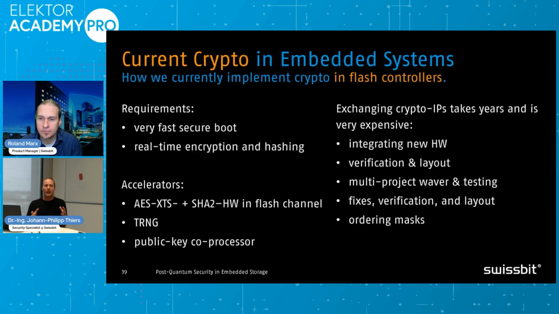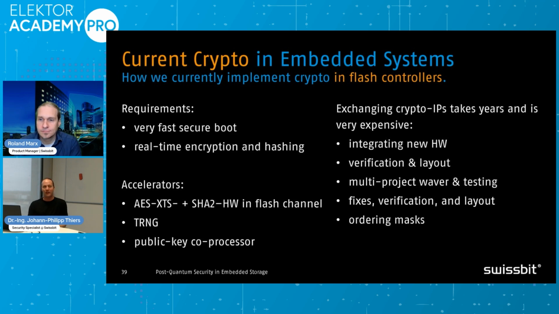And then when we have a logical design, we actually need to verify this logical design, make a physical layout. Then we can order multi-project wafers, which are already quite expensive, so we can actually test this in silicon.